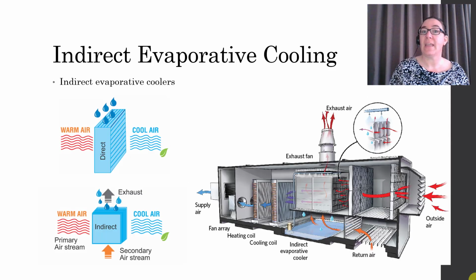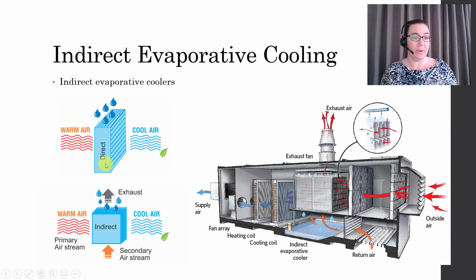Finally, you can have indirect evaporative cooling devices. Take a look at the diagrams on the left. You can see in diagrammatic form, the direct evaporative cooling takes warm air, runs it through a water pad, and humidifies it, and the cool air runs off to the right.